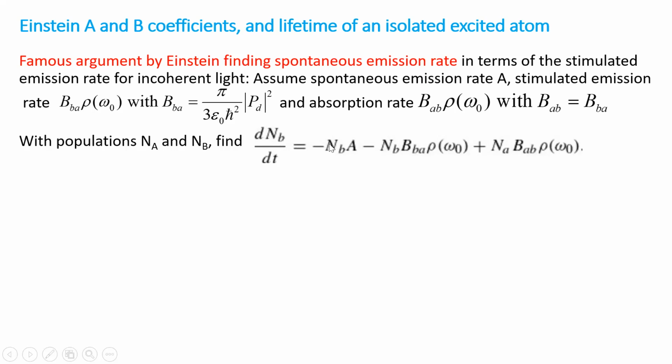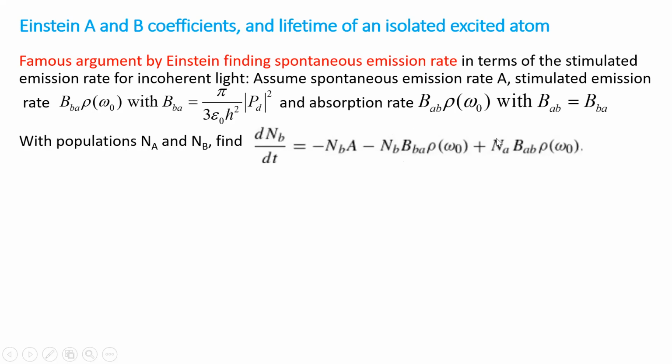So that's what these three terms are here. The first term is the number of atoms in state B times the rate at which spontaneous emission occurs. That will be, per unit time, the number of atoms which are lost from state B due to spontaneous emission. Similarly, this would be the number of atoms that are lost due to stimulated emission, because this is the stimulated emission rate, B_BA rho omega naught.